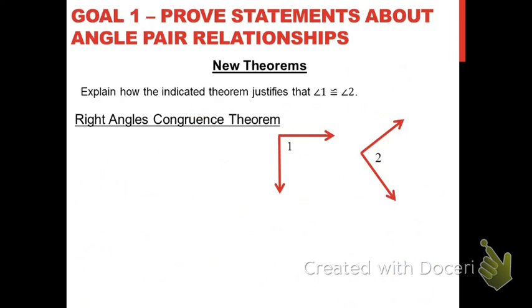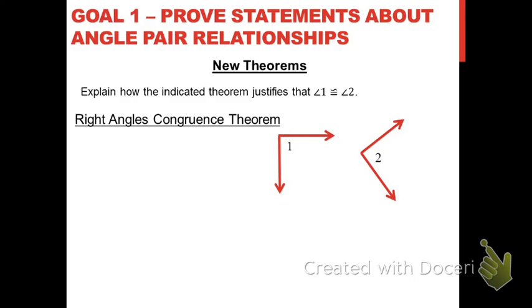Okay, so some new theorems, and the first one we're going to deal with is the right angles congruence theorem. And what I'm wanting you to do is explain how the indicated theorem justifies that angle 1 is congruent to angle 2. We're going to have several slides where I have an angle 1 and angle 2 that will be congruent to one another, justified by a different theorem each time.